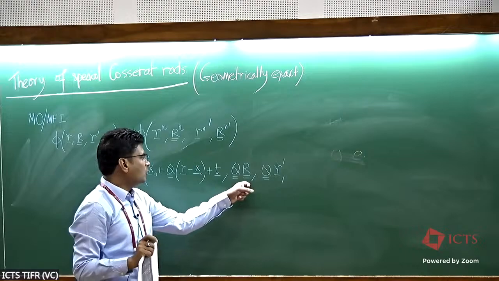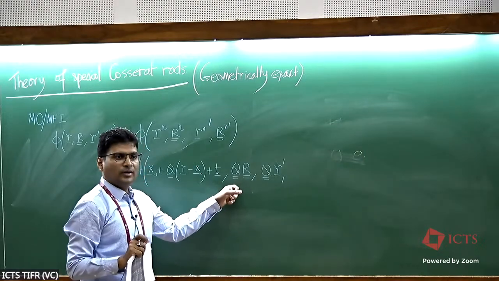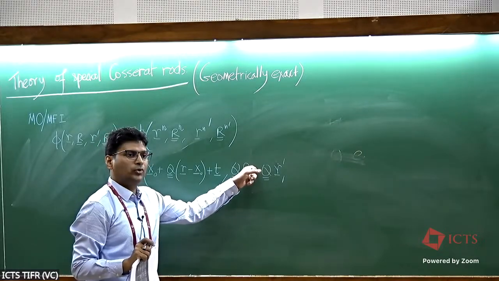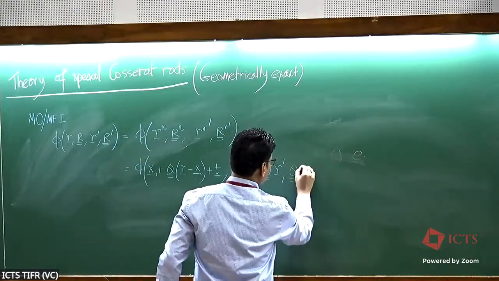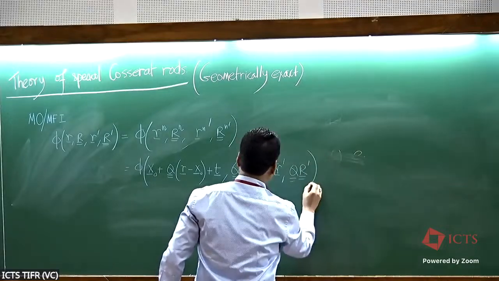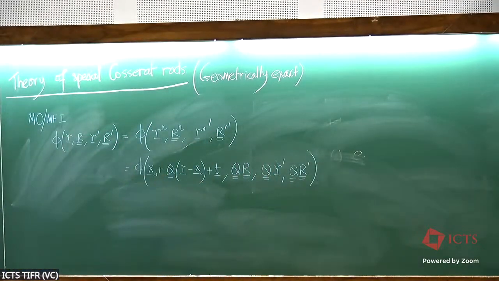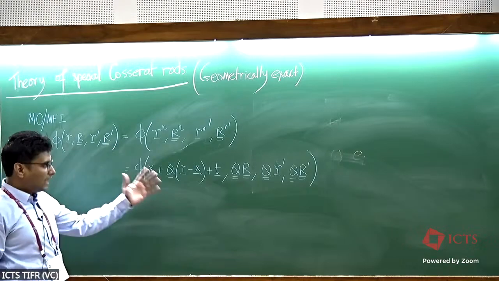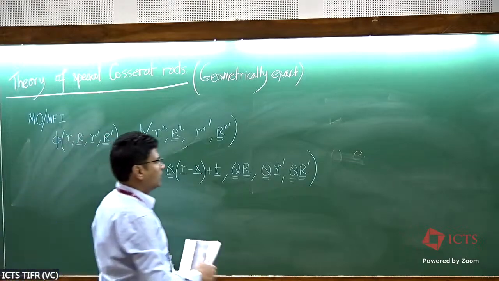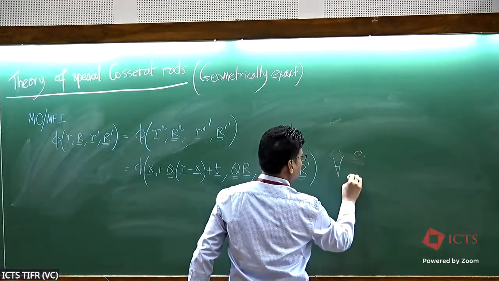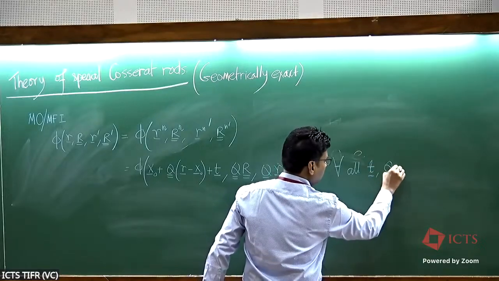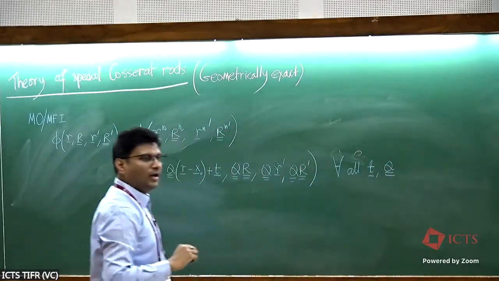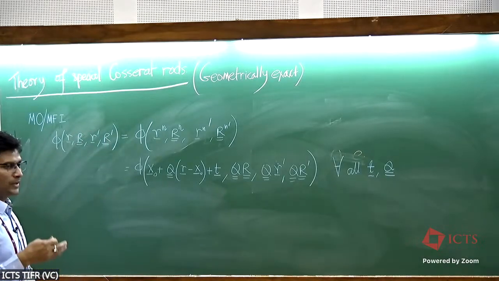That's your R new, if the prime, it just comes here, because Q is independent of arc length. Now what do you think? If these two energy has to be the same for all T, comma, Q, how should the energy really depend on?